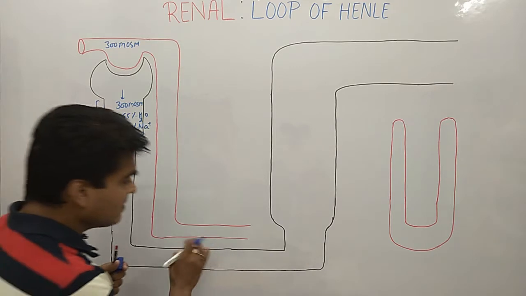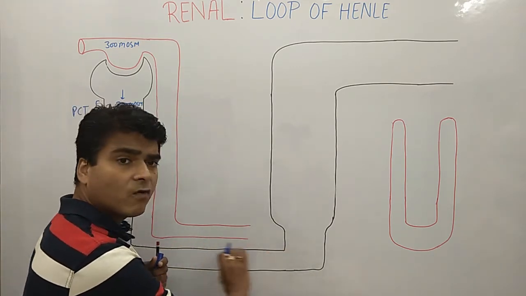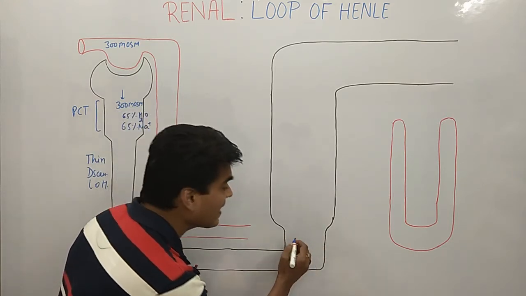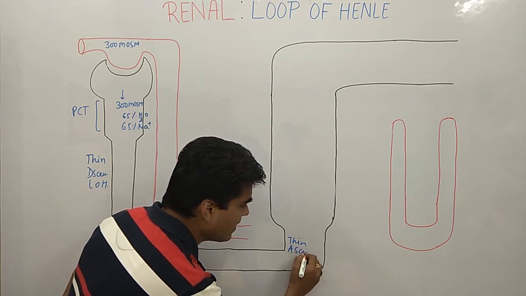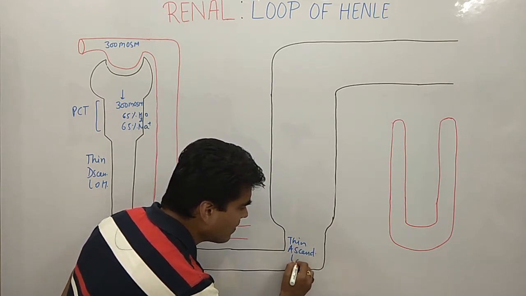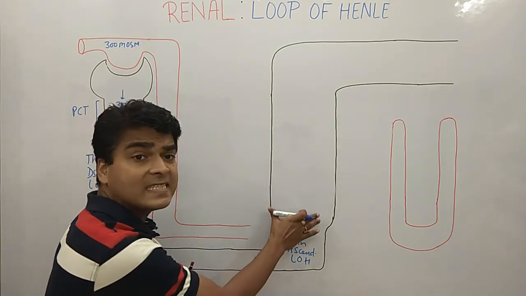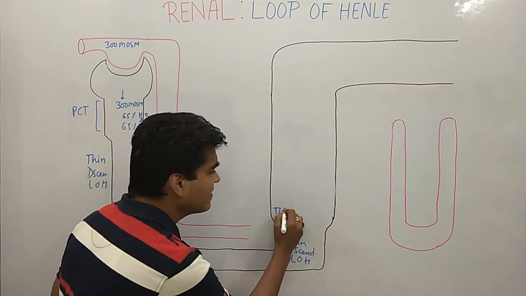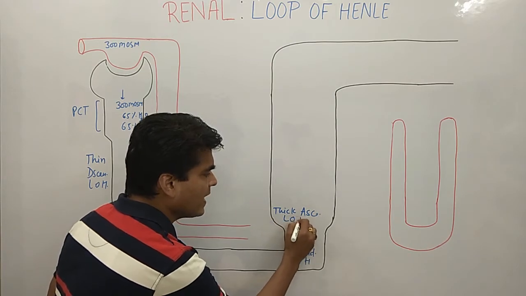Then the U-turn over here, and then this is the thin area again, the thin ascending loop of Henle. Clear? And then this area is basically a thick area, the thick ascending loop of Henle. Clear?